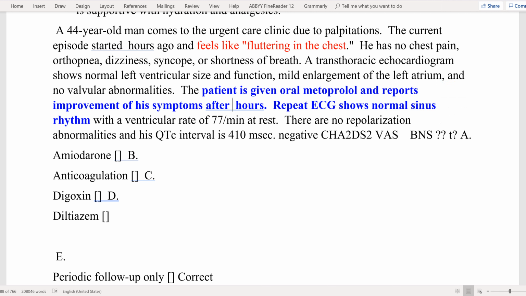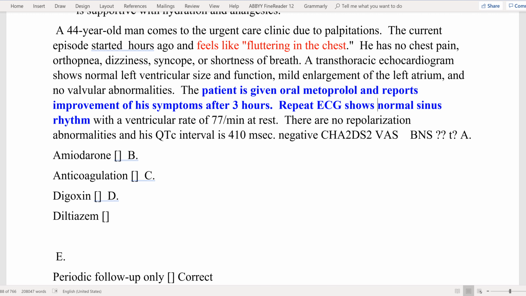Okay, let's say 3 hours, doesn't matter. Repeat EKG shows normal sinus rhythm. So that means he's normalized with metoprolol. If I say after that the repeat EKG shows abnormal rhythm, if I just add that, then you choose amiodarone. But if I remove that, it's normal then. So if it didn't control on metoprolol, then I would do amiodarone.